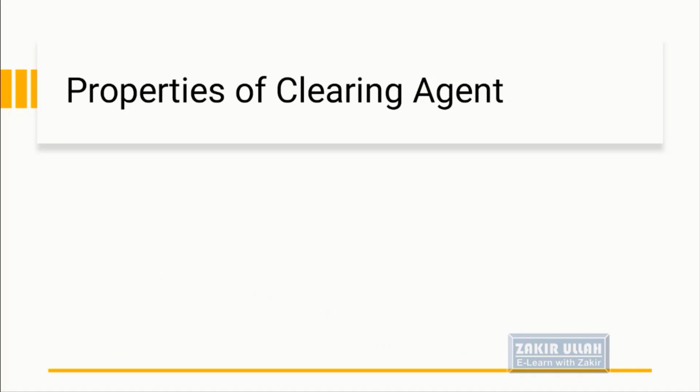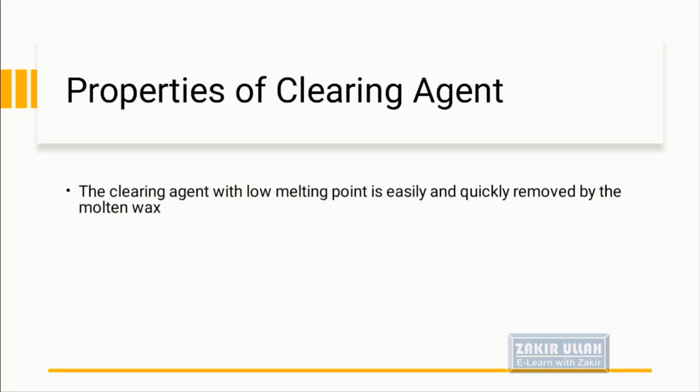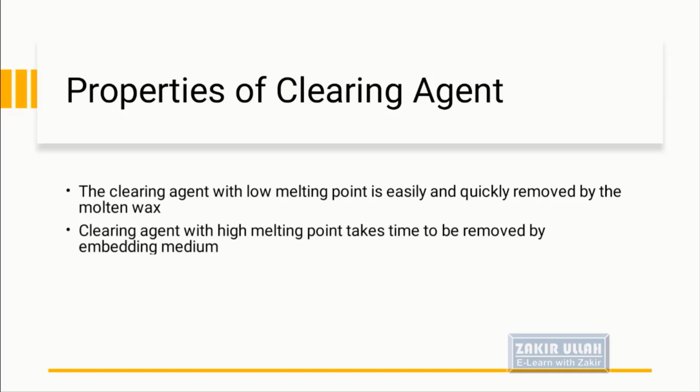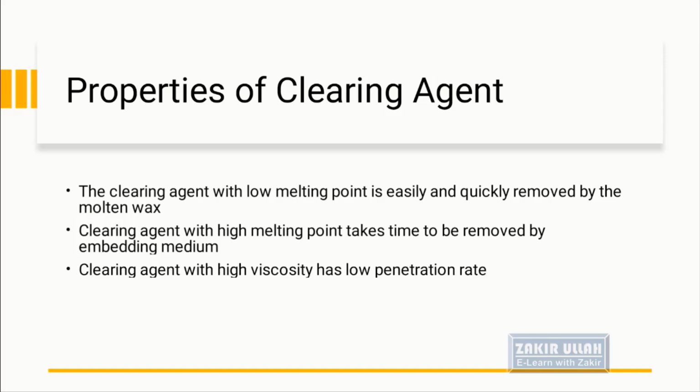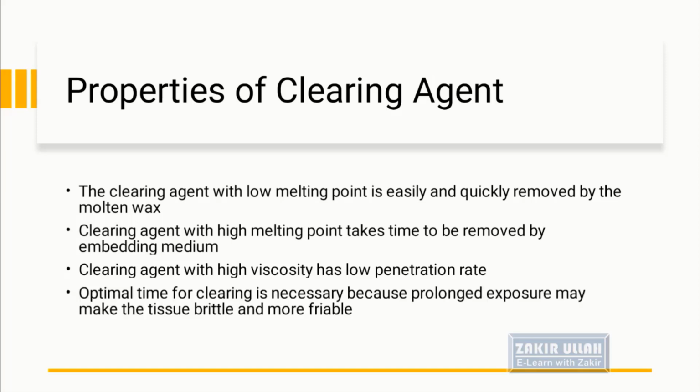What should be the properties of a clearing agent? A clearing agent with a low melting point is easily and quickly removed by the molten wax. A clearing agent with a high melting point takes more time to be removed from the embedding medium. An agent which has high viscosity has a low penetration rate.